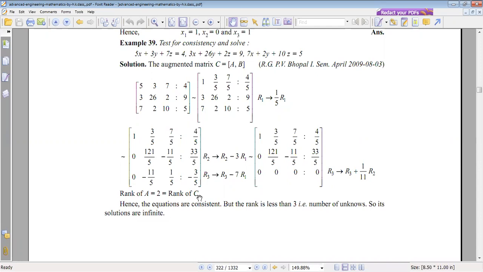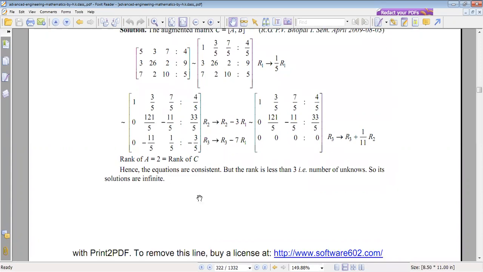You already know that when this happens, the system has an infinite number of solutions. So since it is less than the number of unknowns, the system has an infinite number of solutions.